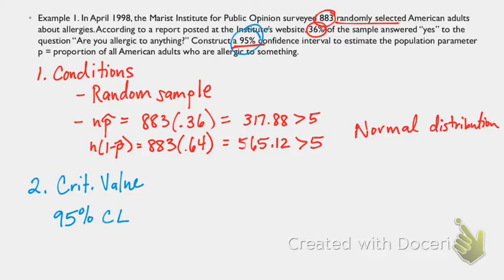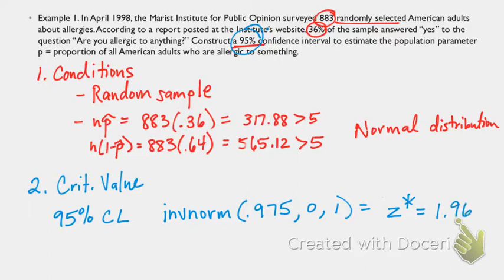To find my critical value, I would say inverse norm of 0.975, 0, 1. And you should get z star equals 1.96.